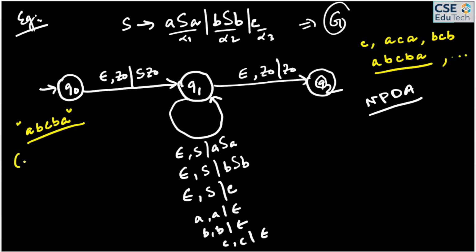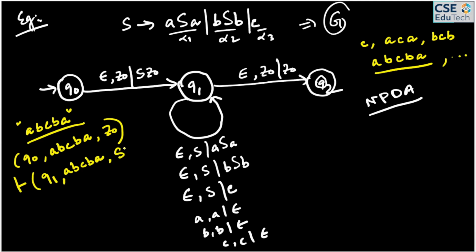The initial configuration is Q0, the string is abcba, and the stack top symbol at that time is Z0. In one step it goes to Q1, everything remains the same, abcba, and we push the start symbol onto the stack. We have done this.